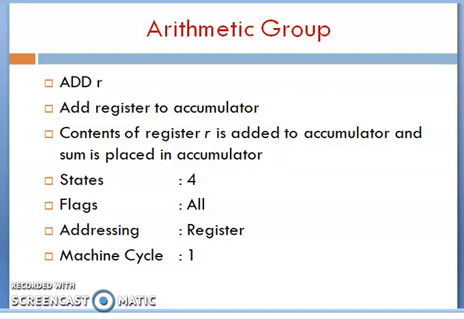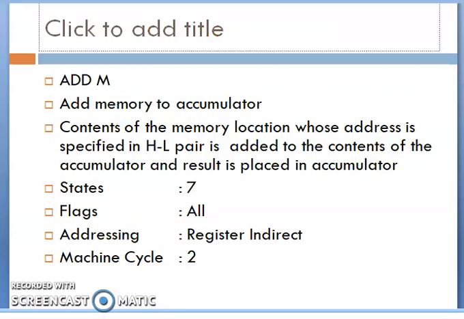Then next type, ADD M. This adds the contents of the specified memory location to the accumulator and the result will be stored in the accumulator. And the address of the memory location will be there in the HL register pair.